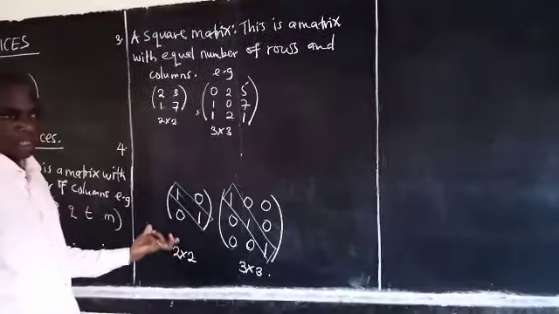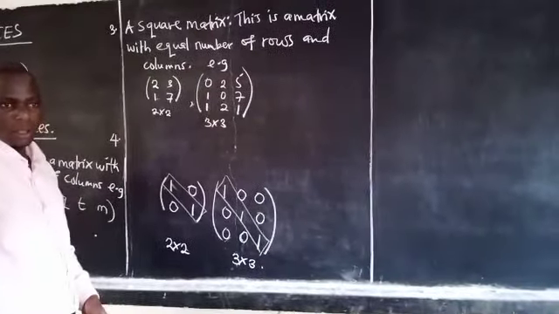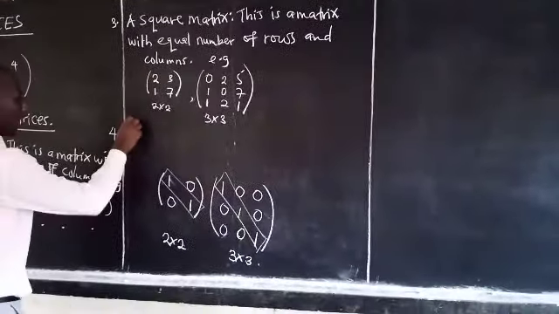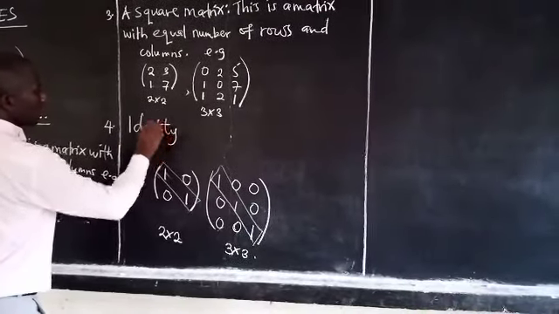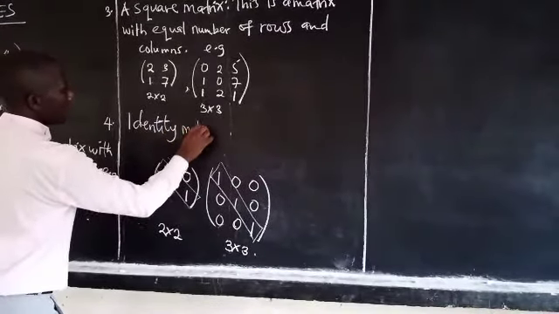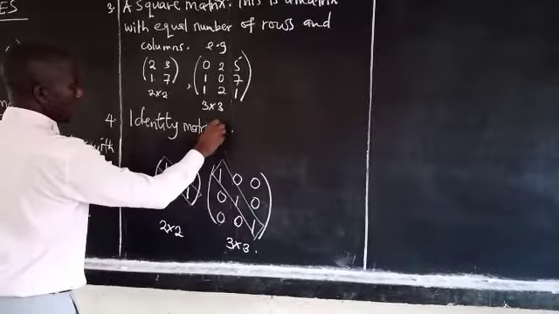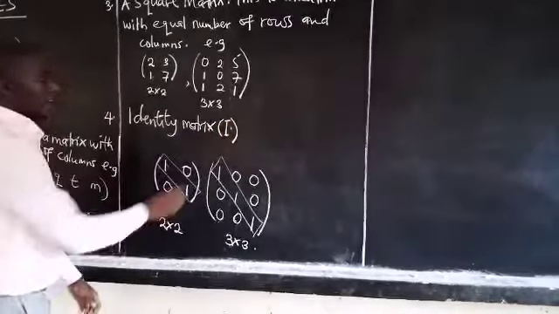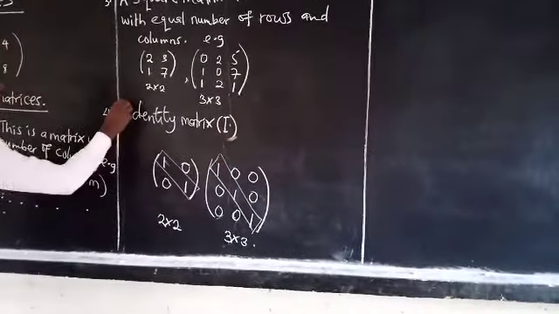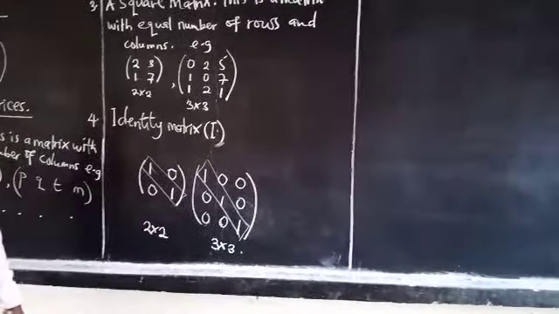This is a special type of matrix and we call it an identity matrix, and we normally note it with letter I. So what is an identity matrix?